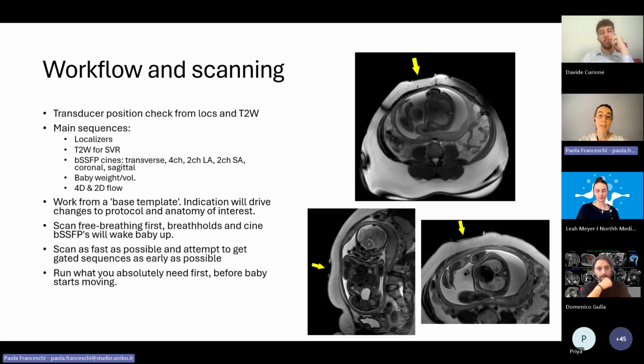We also include 3D sequences for fetal weight estimation, and whenever possible, we acquire 2D and 4D flow sequences as well. One practical lesson we learned early on is to acquire the most important sequences as soon as possible. That way, we can secure the key diagnostic information before the fetus becomes more active.